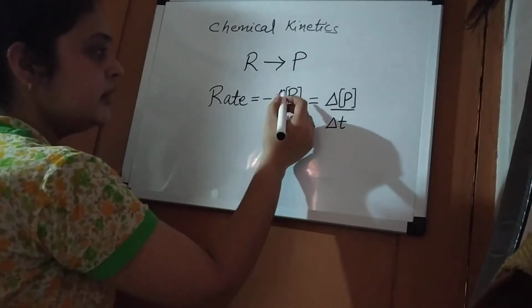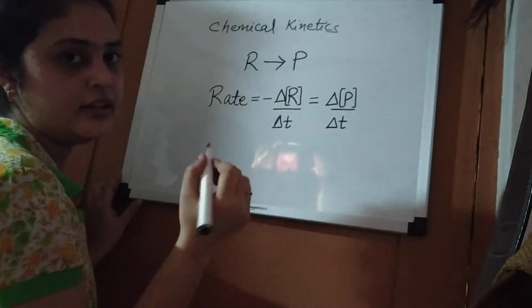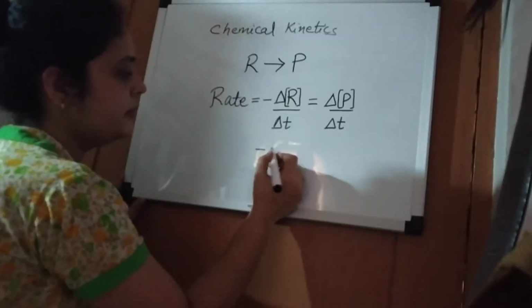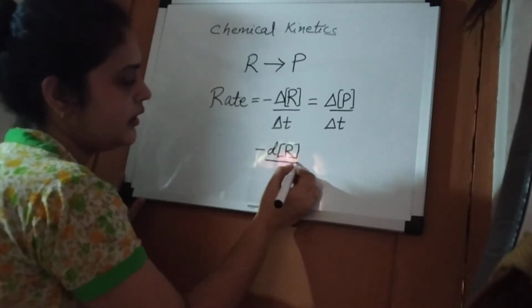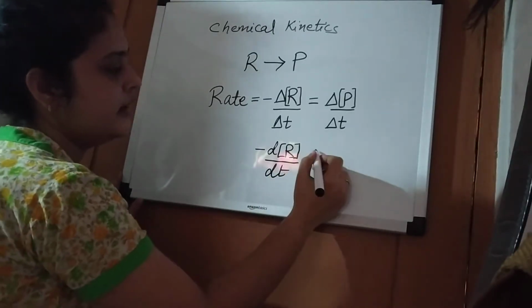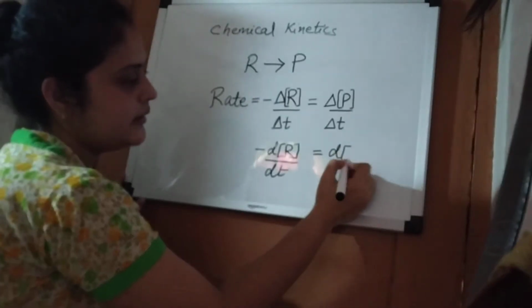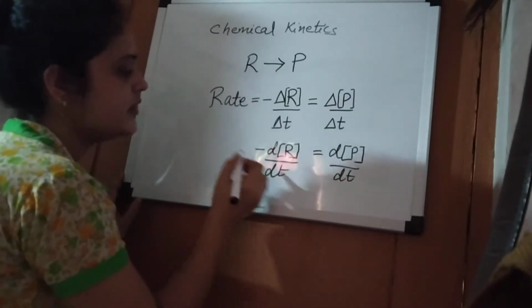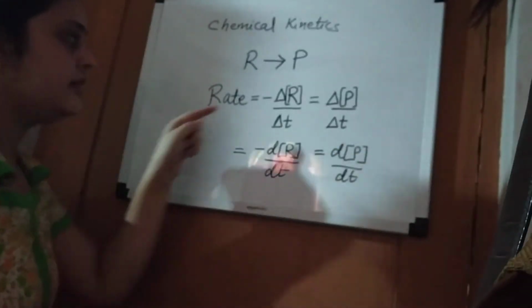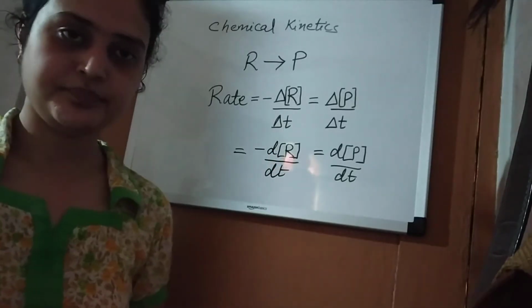Instead of delta you will use d, so it will become minus d[R] upon dt, and this will equal d[P] upon dt. So this is the instantaneous rate and this is the average rate.